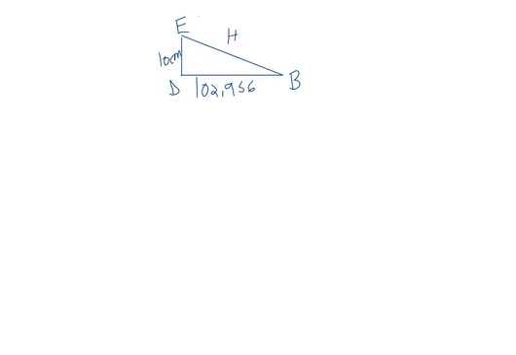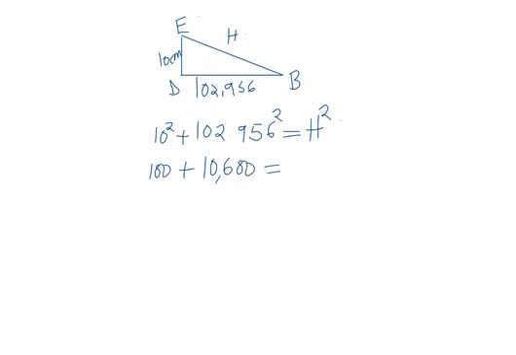By Pythagoras theorem, 10 squared plus 102.956 squared should be equal to BE squared, which is H squared. So 10 squared is 100, and 102.956 squared gives us 10,600.